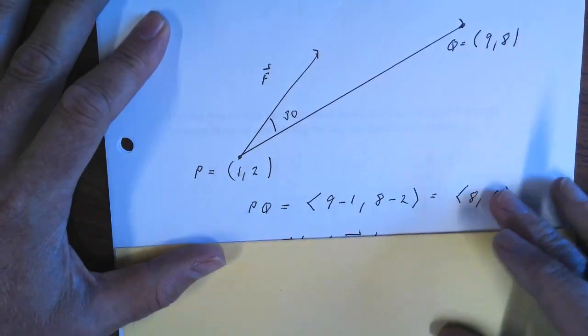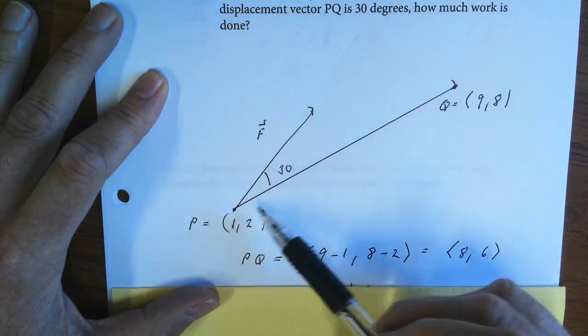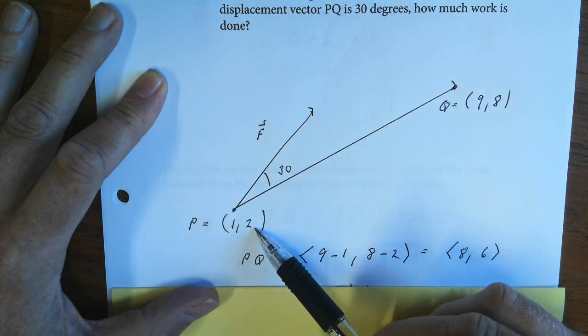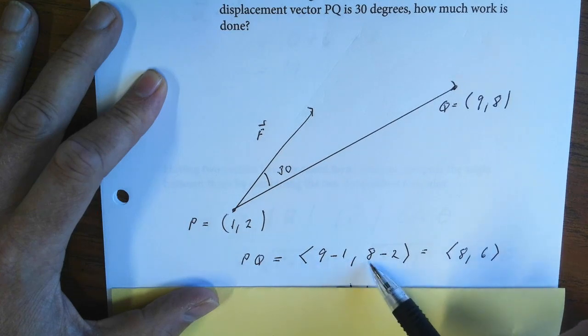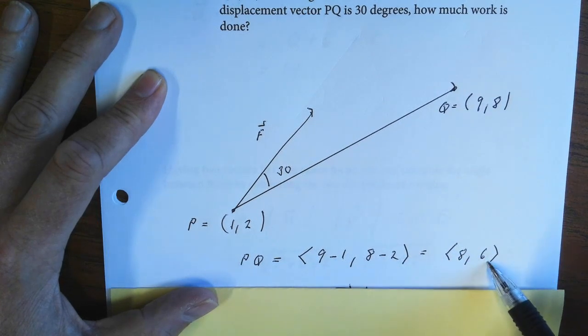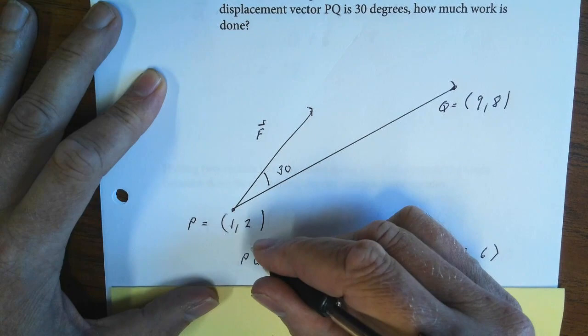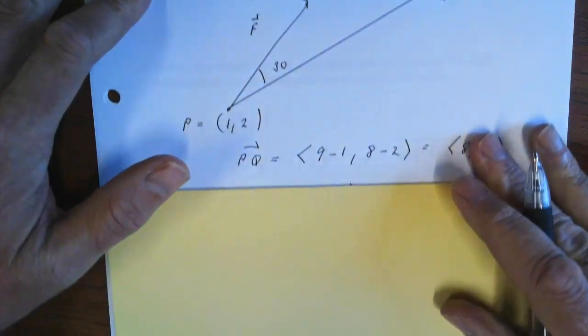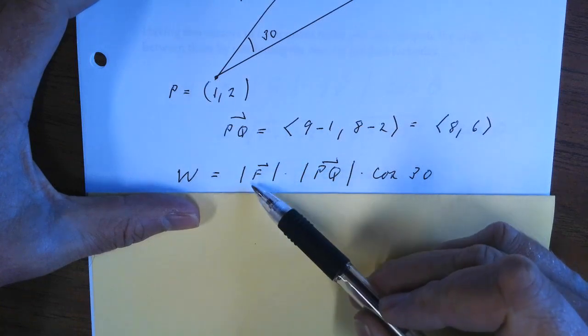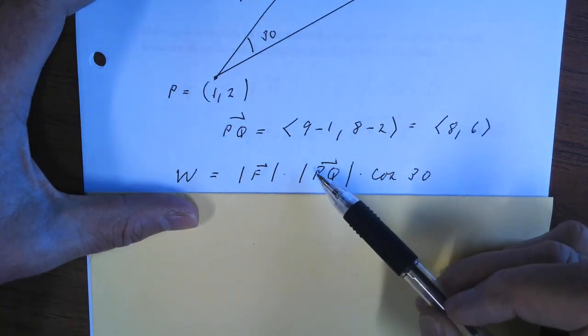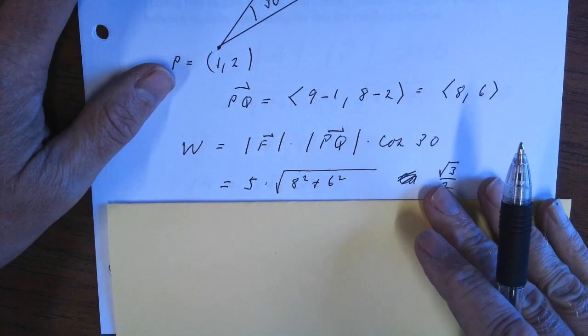Okay, so let's find the displacement vector from P to Q. We subtract the coordinates of P from the coordinates of Q. 9 minus 1, 8 minus 2, that gives me the vector (8, 6). So that is the vector PQ. The work would be the dot product, which is the magnitude of F times the magnitude of PQ times the cosine of 30.